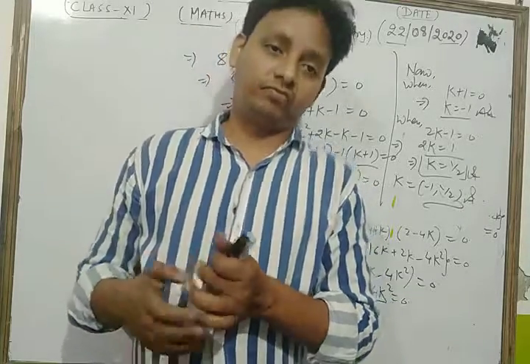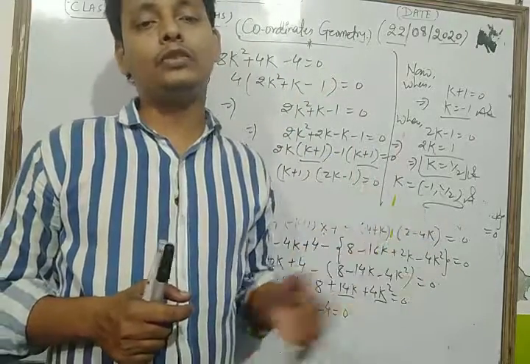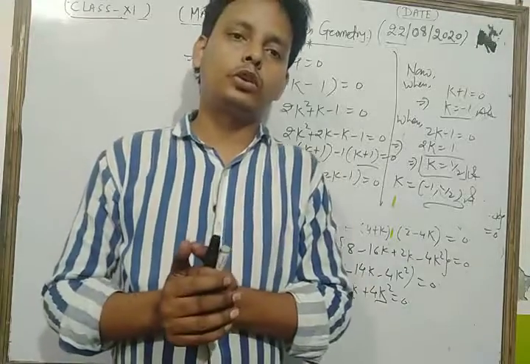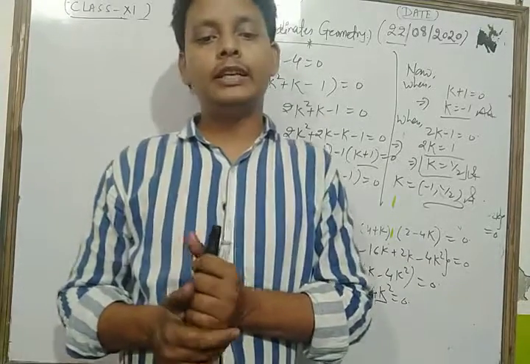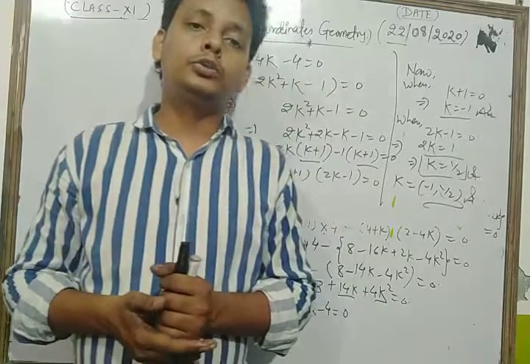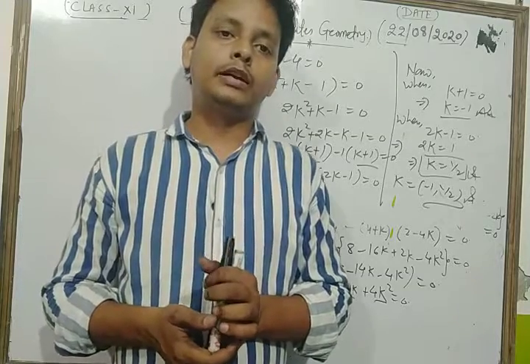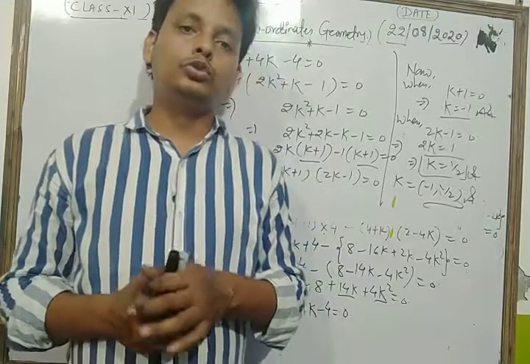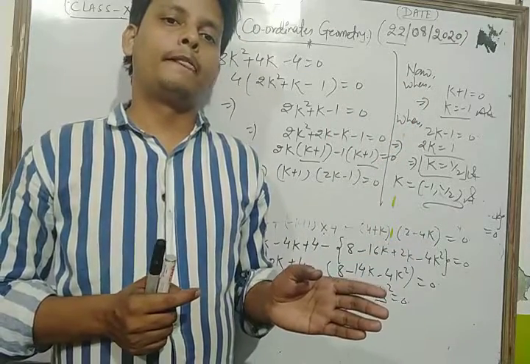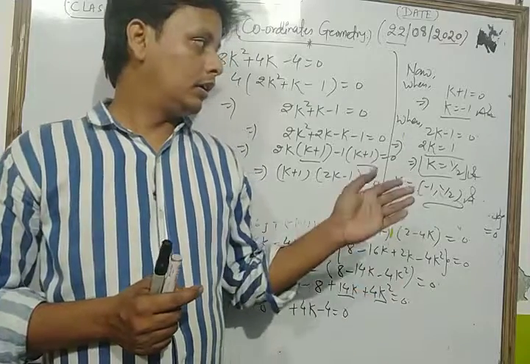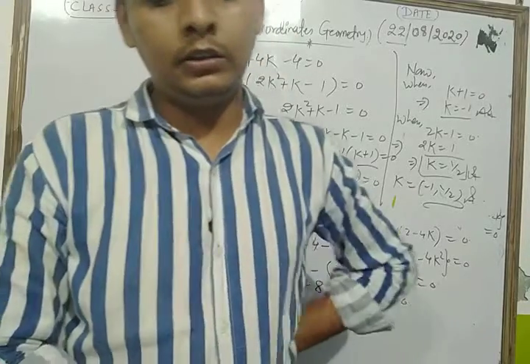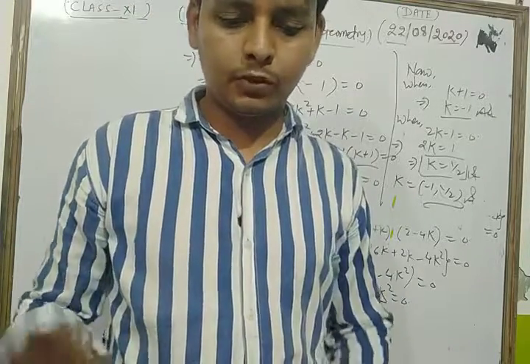We discuss the condition for collinearity, and we solve some questions based on them. So dear student, today we revise all the previous topics of coordinate geometry. Now in next class we are going to discuss the first chapter of that unit, that is straight line. First we revise all the concepts and formulas which we discussed in that class. Now we discuss some more questions.